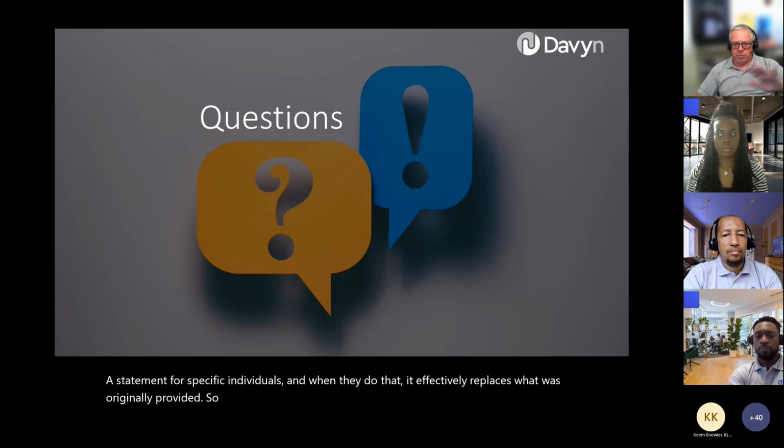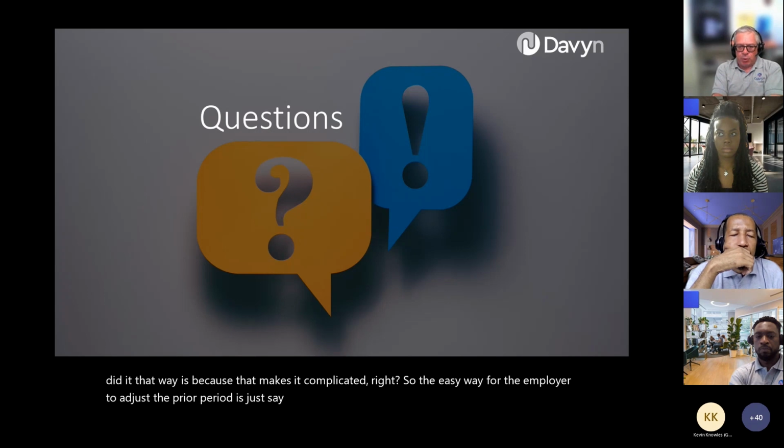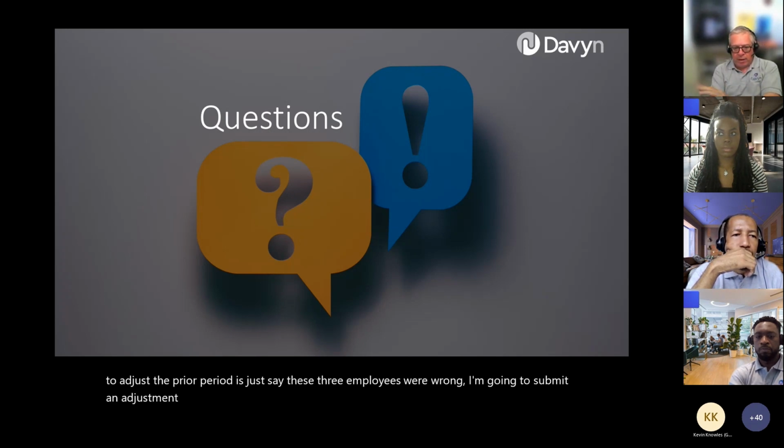So it's not an adjustment in terms of plus or minus. The reason we did it that way is because that makes it complicated. The easy way for the employer to adjust the prior period is to say, these 3 employees were wrong, I'm going to submit an adjustment statement for Derek and Richard and Justin with the corrected salaries.